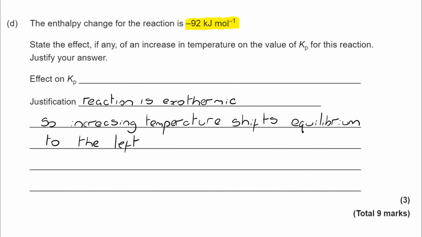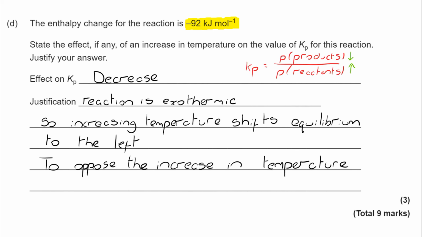Now, that means that if I increase temperature, it will shift the equilibrium to the left. It's going to favour the endothermic reaction. It's going to favour, in this case therefore, the backward reaction. And that is to oppose the increase in temperature. Now that means that Kp will decrease, and in red here you can see that what I've done is try to highlight why Kp would change in the way that it would.